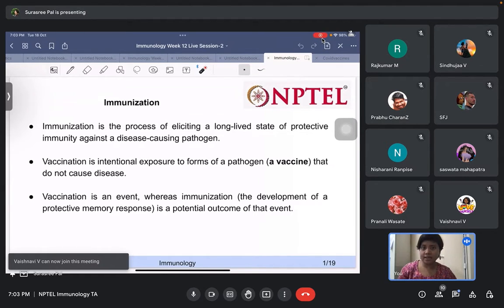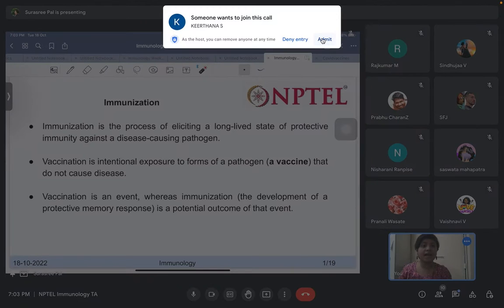Also, immunization can result from various artificial methods. For example, one can be passive immunization, that is the anti-serum. In the last session we were also discussing anti-venom. Whenever we have a bite of a poisonous snake, we inject the patient with anti-venom, right?